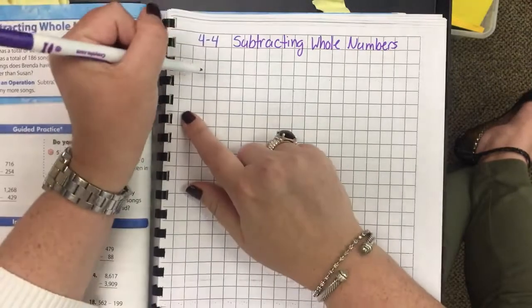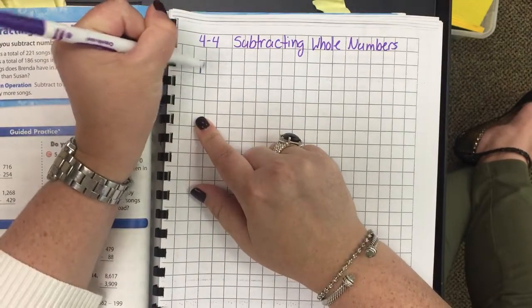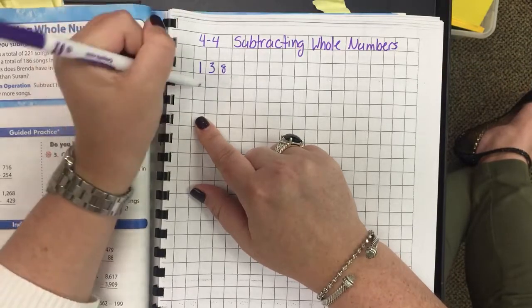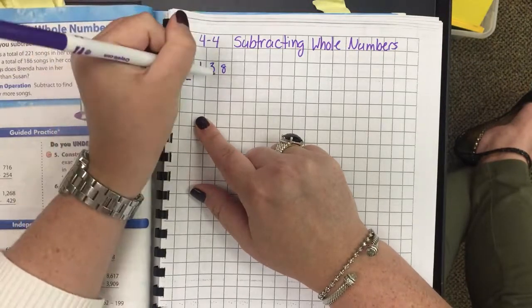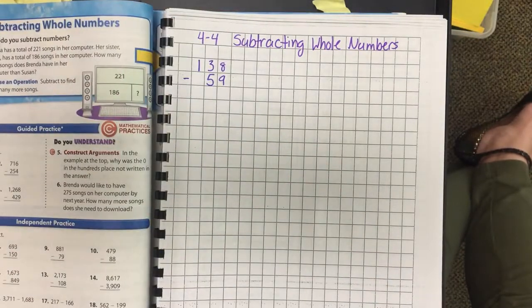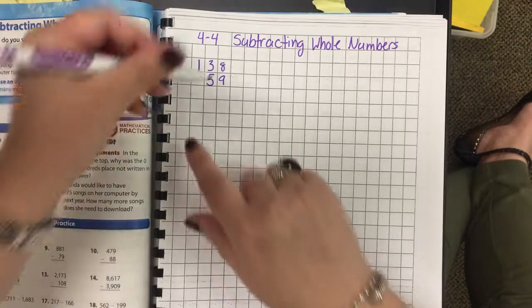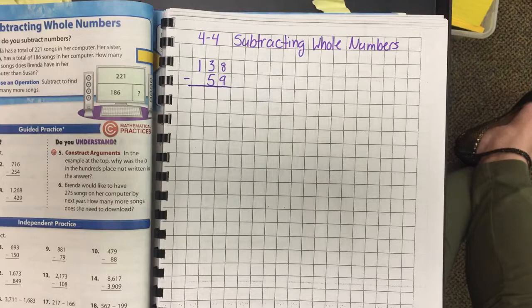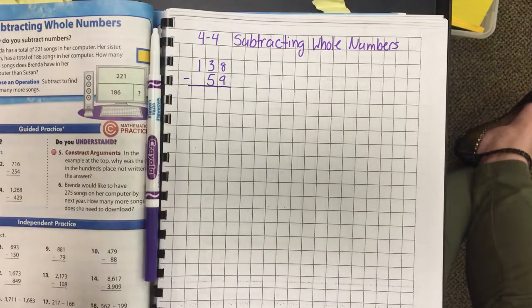Let's say I have the number 138 minus 59. Can you write this? I write it, you write it. So basically what's happening here is this.